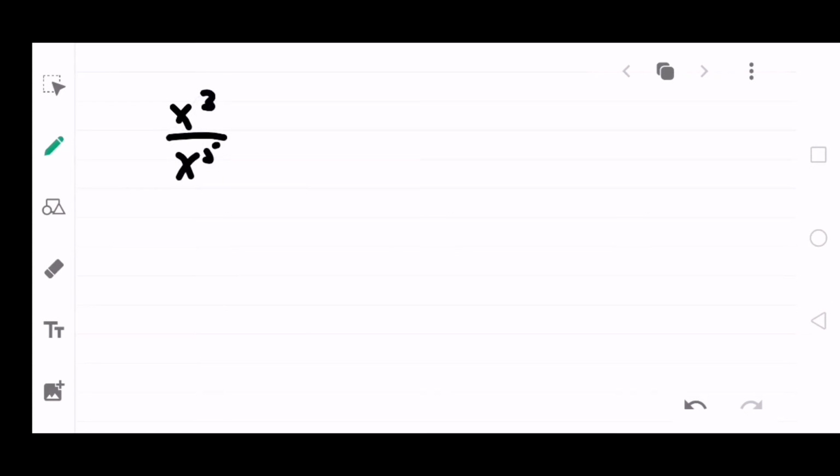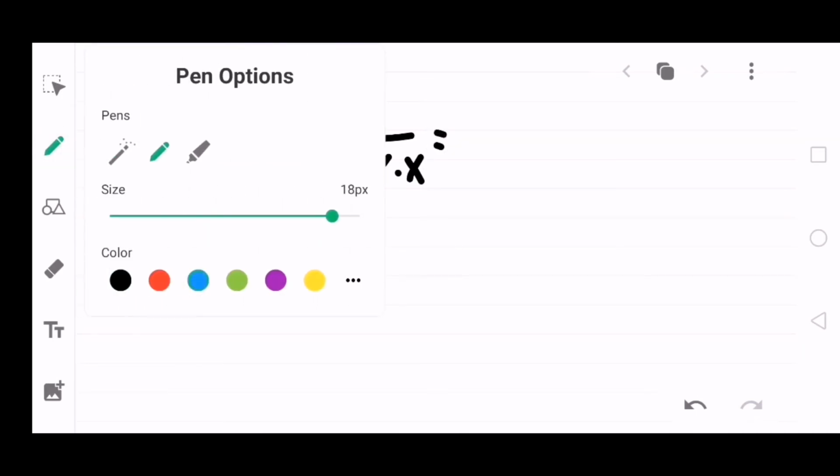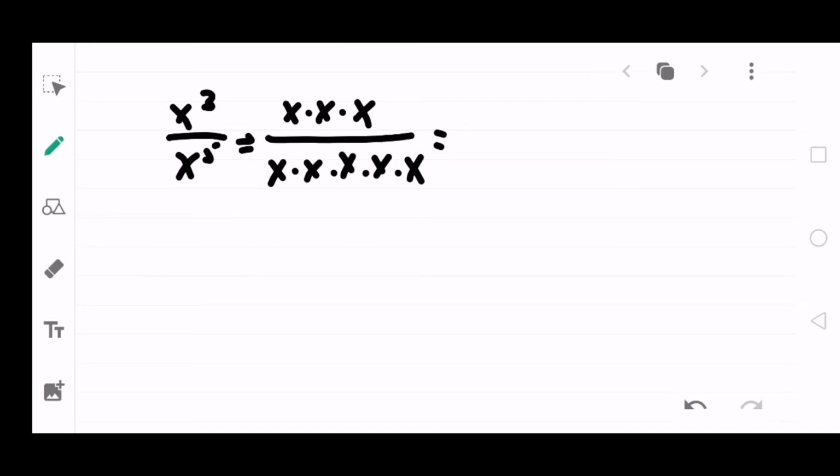Now, expanding this, we will have x times x times x, while for the denominator, we will have x times x times x times x and times x. Now, again, we are to cancel out pair of numerator and denominator which are the same because that is equal to 1.